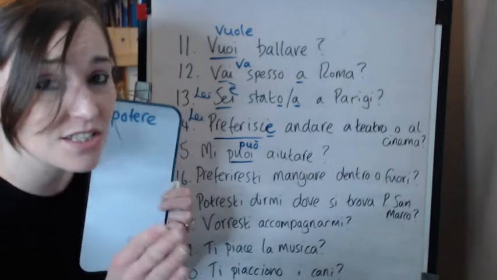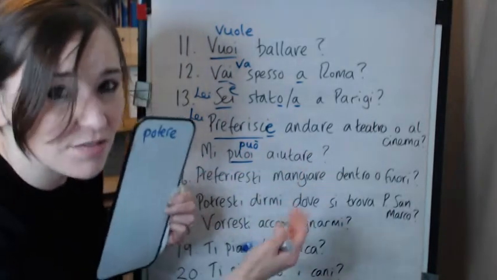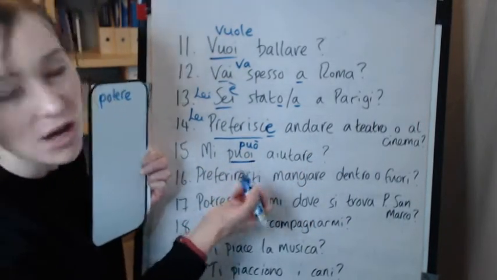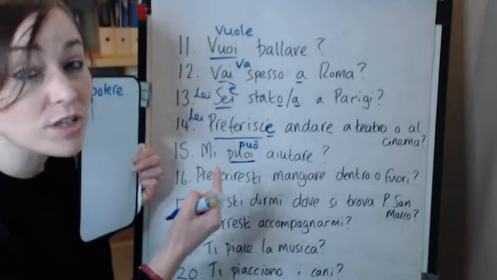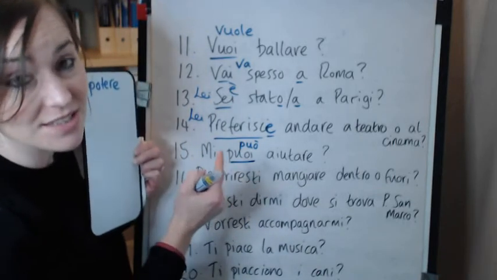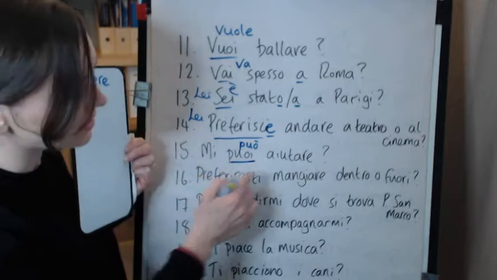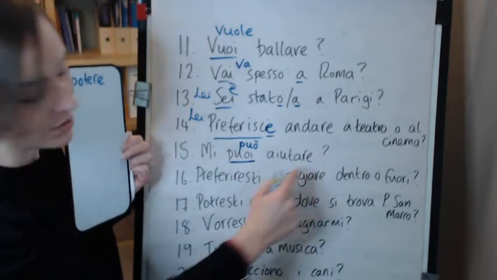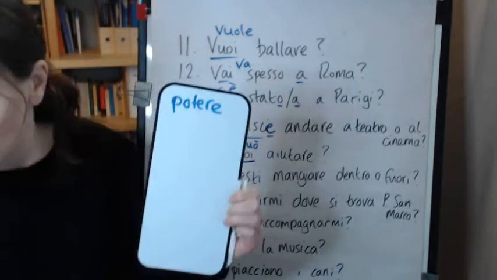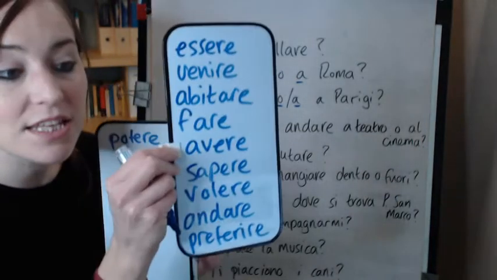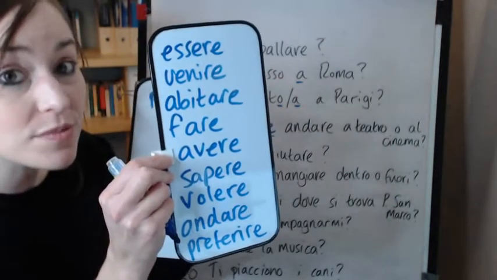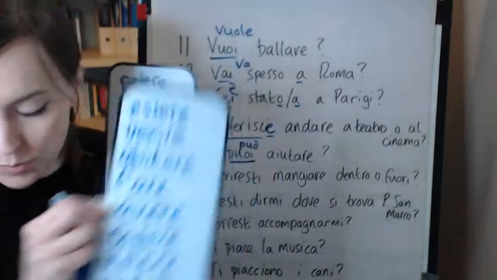The only thing that changes in this question, going from the tu to the lei form, is the conjugation of the verb. The only conjugation in that phrase, that sentence, that question. This is an infinitive verb, like potere, like all of these, they're written in their unchanged, long, full forms. That's an infinitive verb.